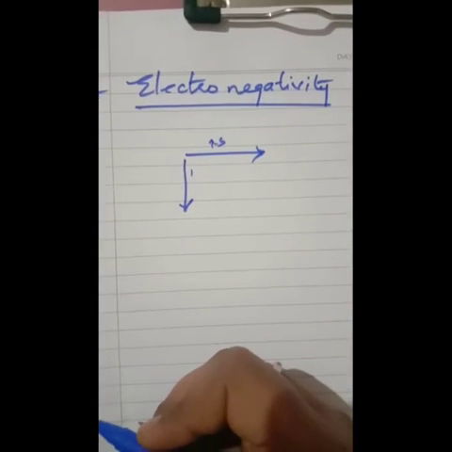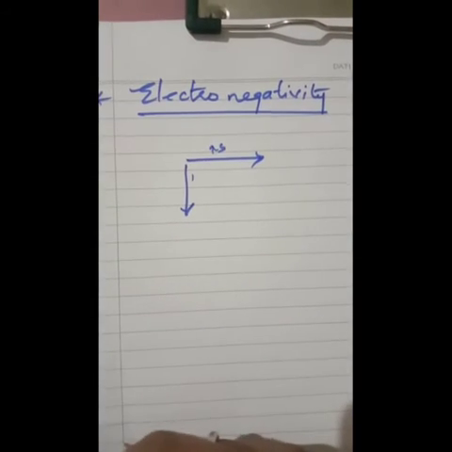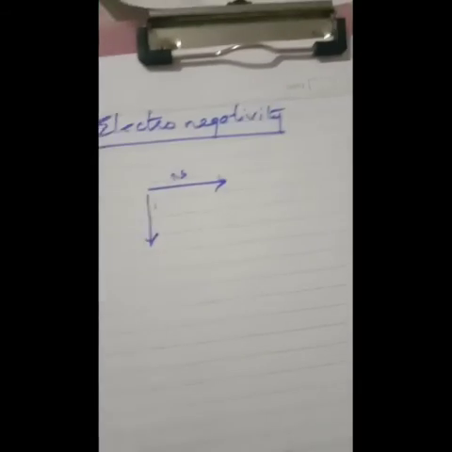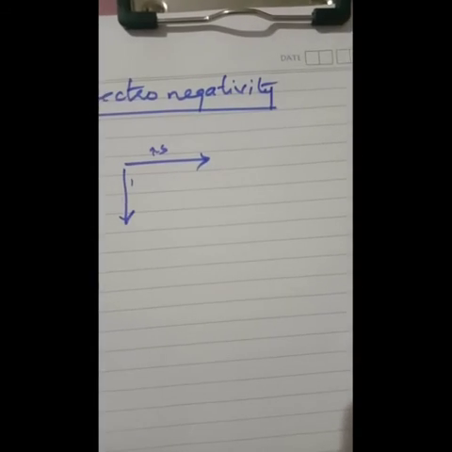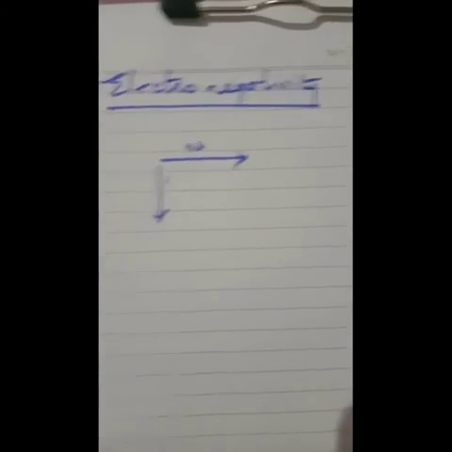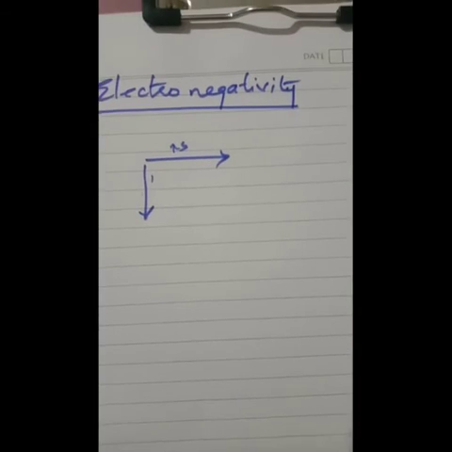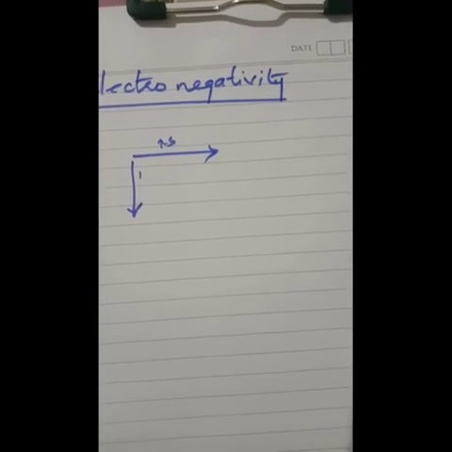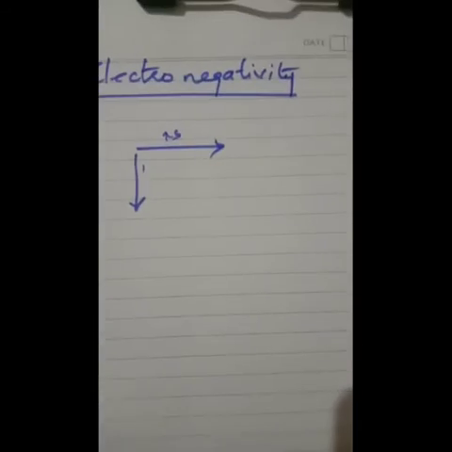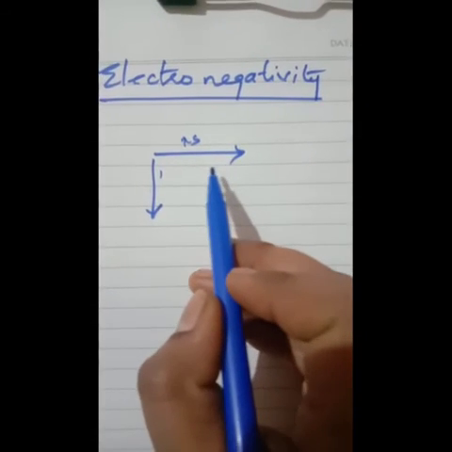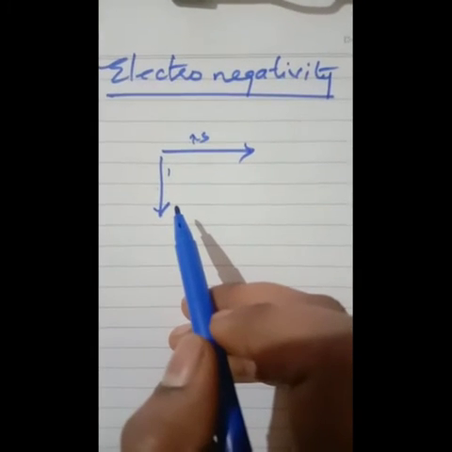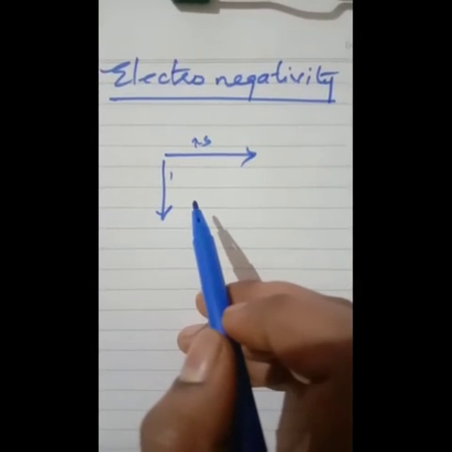Down the group, the tendency of losing electrons decreases because the effective nuclear charge experienced by the valence, that is outermost shell electrons, is decreasing, because the outermost electrons are very far away from the nucleus. Therefore they can be lost very easily. Hence metallic character decreases across the period and increases down the group.